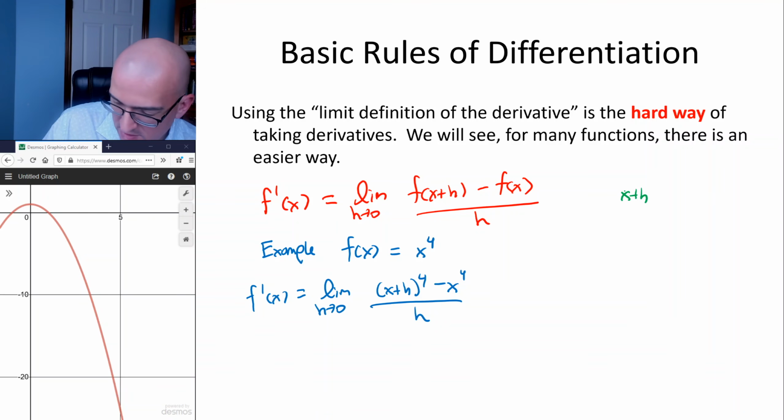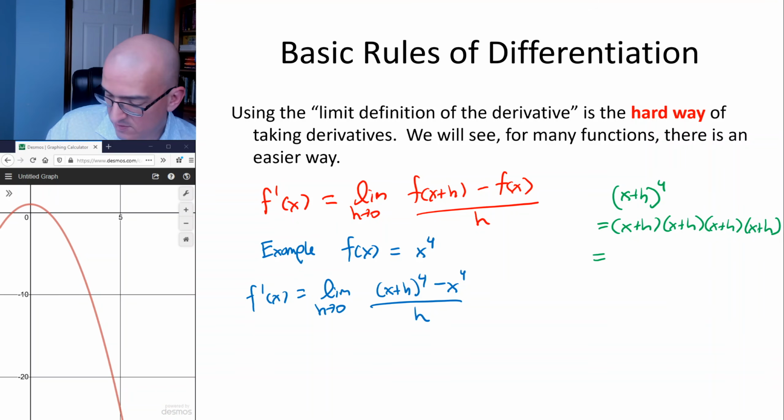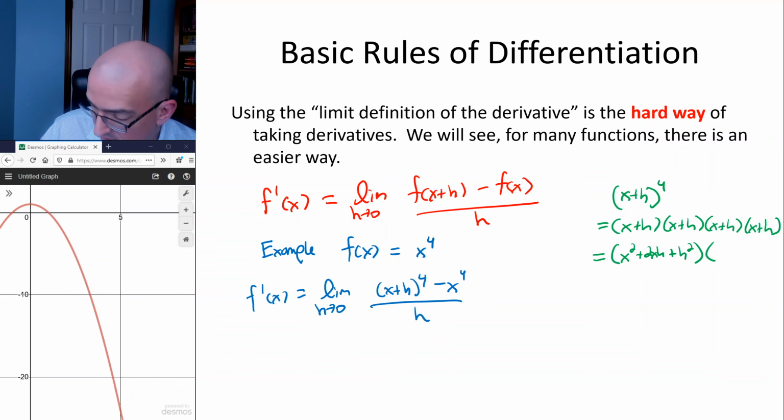X plus h to the power 4 means x plus h times itself 4 times. So I'll do the first two and the last two. X squared plus 2xh plus h squared. And then if I FOIL out the last two together, I get x squared plus 2xh plus h squared.